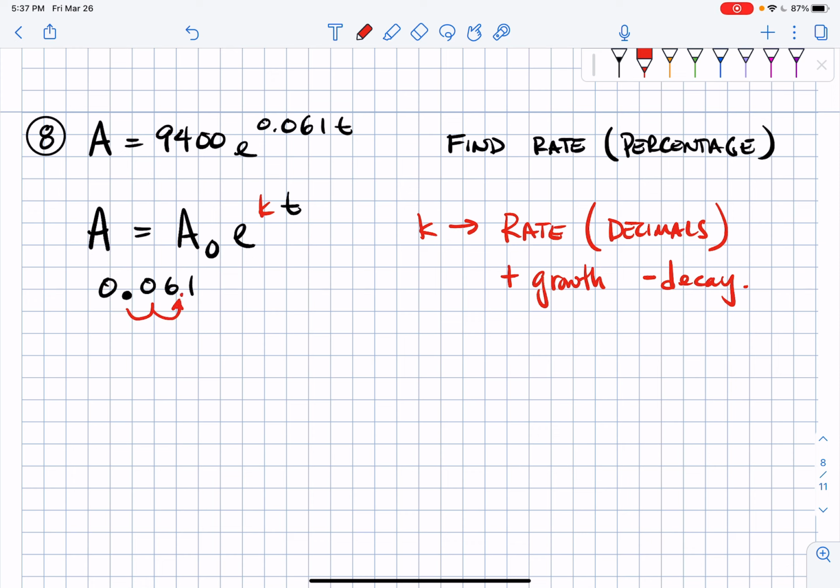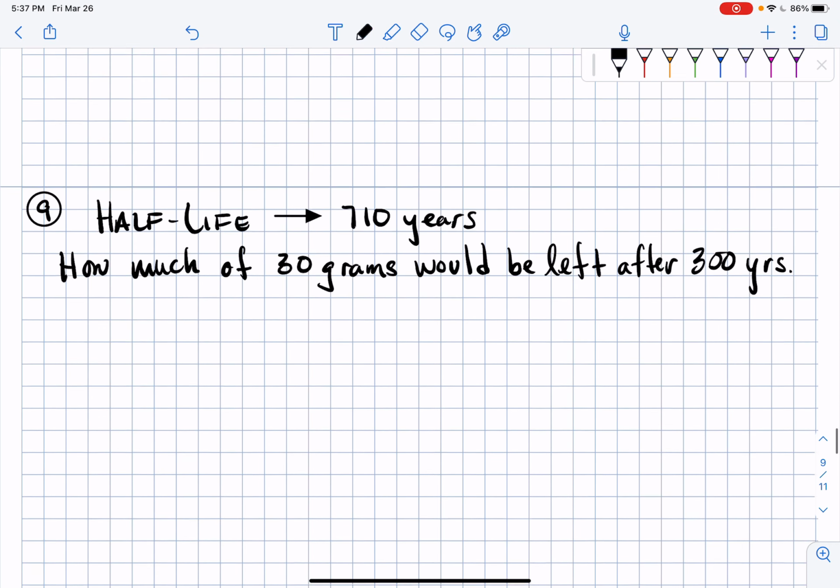So here's the new decimal place. Therefore, my rate is 6.1%, and 6.1% would be B. So not much work here, just observation. See? All right, on to number 9.